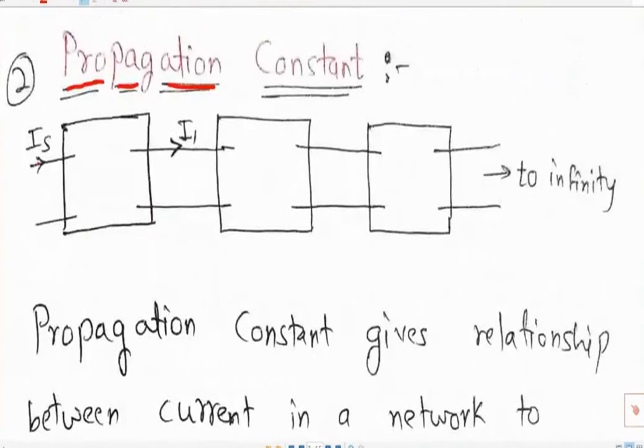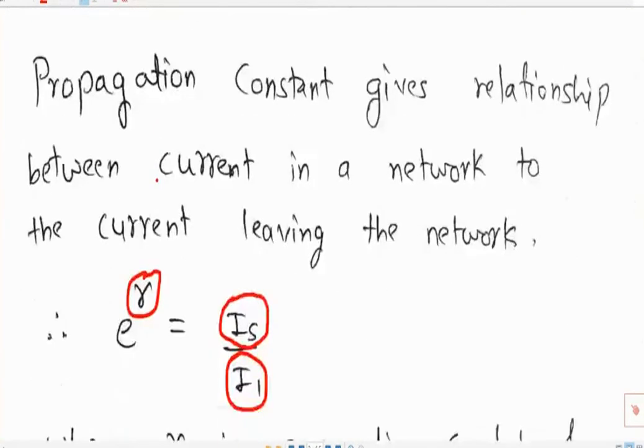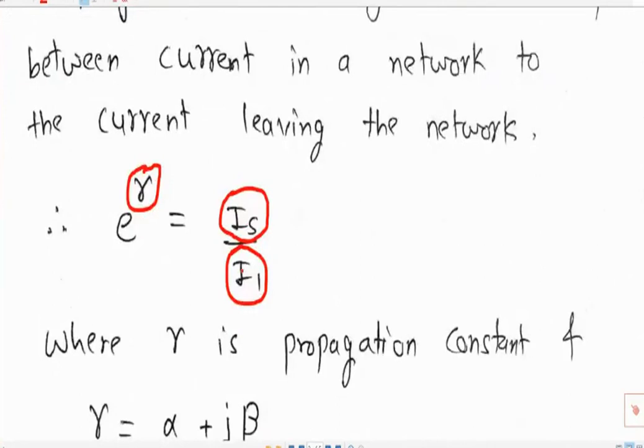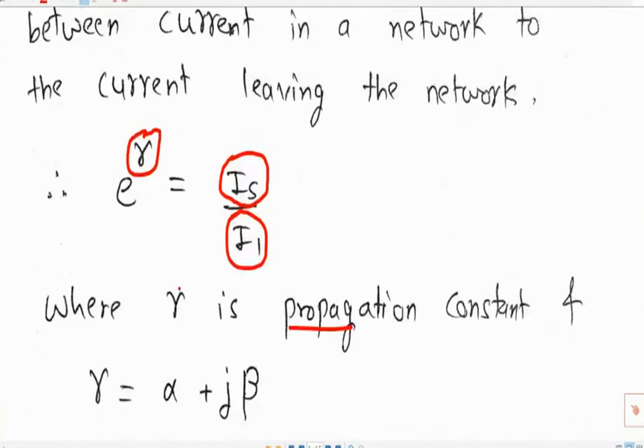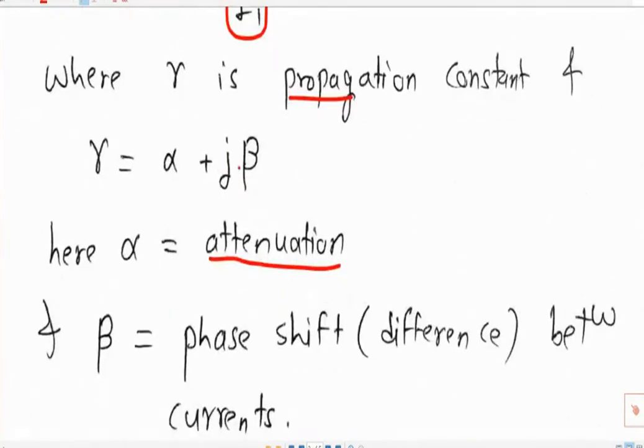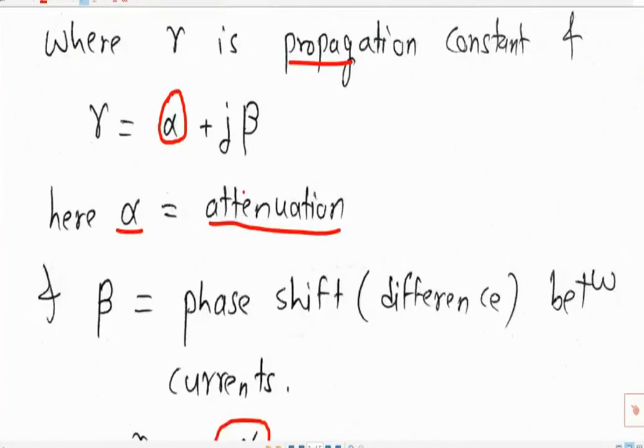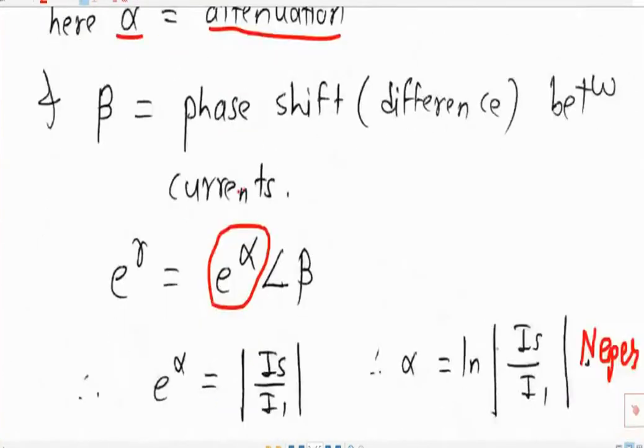Then next is the propagation constant. It gives the relationship between the current entering and the current leaving the network. So e raised to gamma equals Is upon I1. Current is propagating, and gamma is alpha plus j beta, where alpha is the attenuation, meaning the current decreases, and beta is the phase shift between input current and output current.